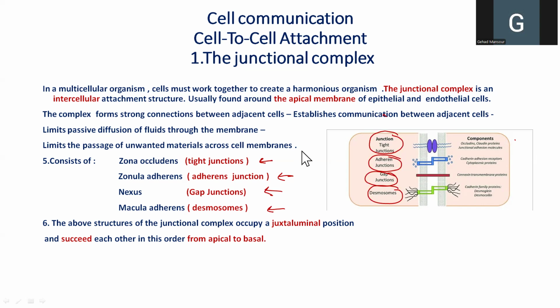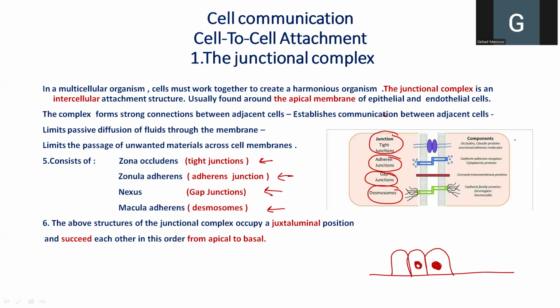And this junctional complex is usually found around the apical membrane of epithelial and endothelial cells, because you know that epithelial cells are cells that cover the surface of the body. Endothelial cells are cells that line the cavities.